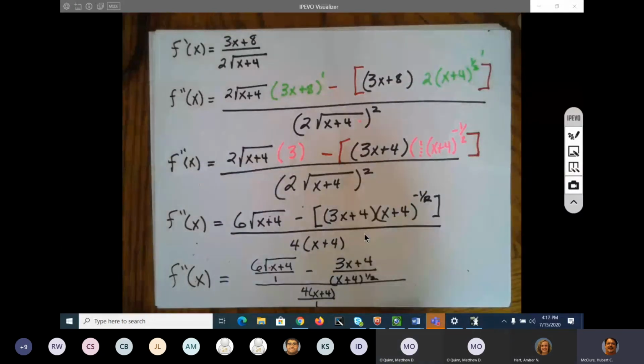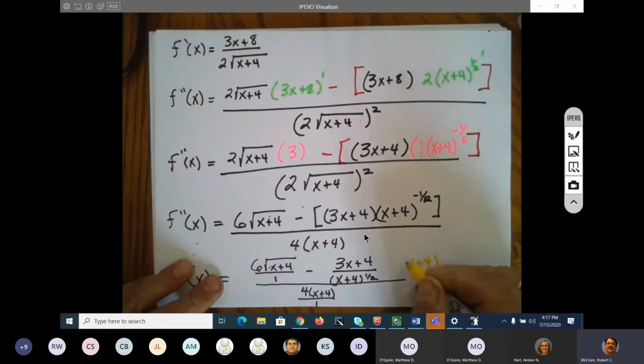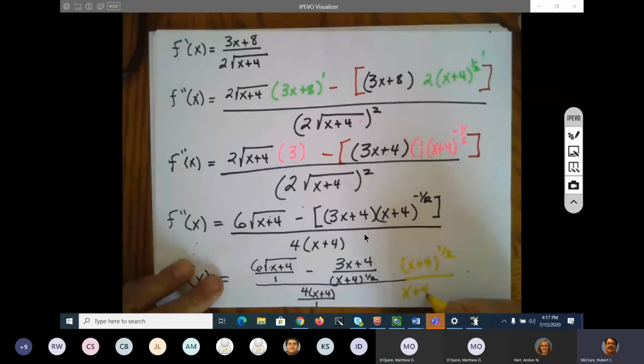This is called a complex rational equation. We're going to multiply by, pick a color. Let's go with that nasty yellow. I'm going to multiply by x plus 4 to the 1/2 power over x plus 4 to the 1/2 power.